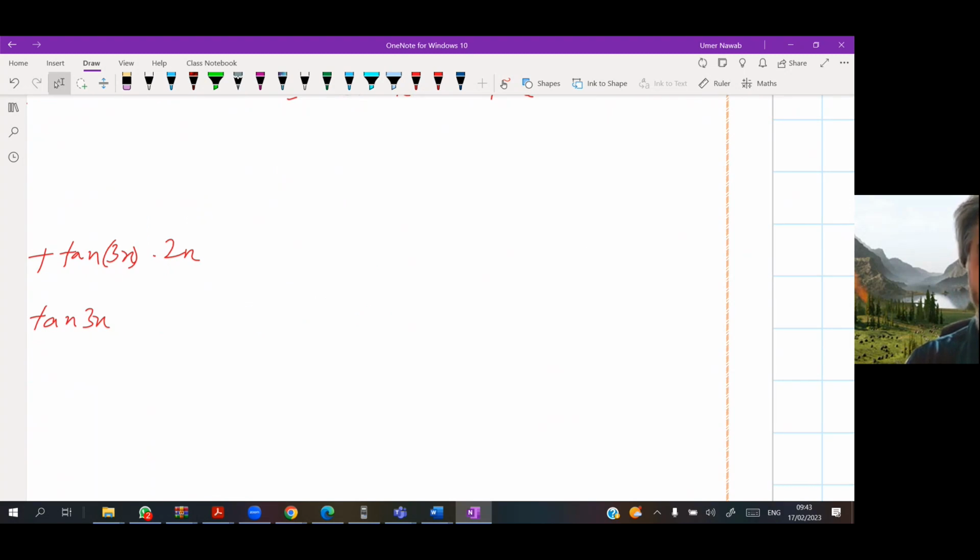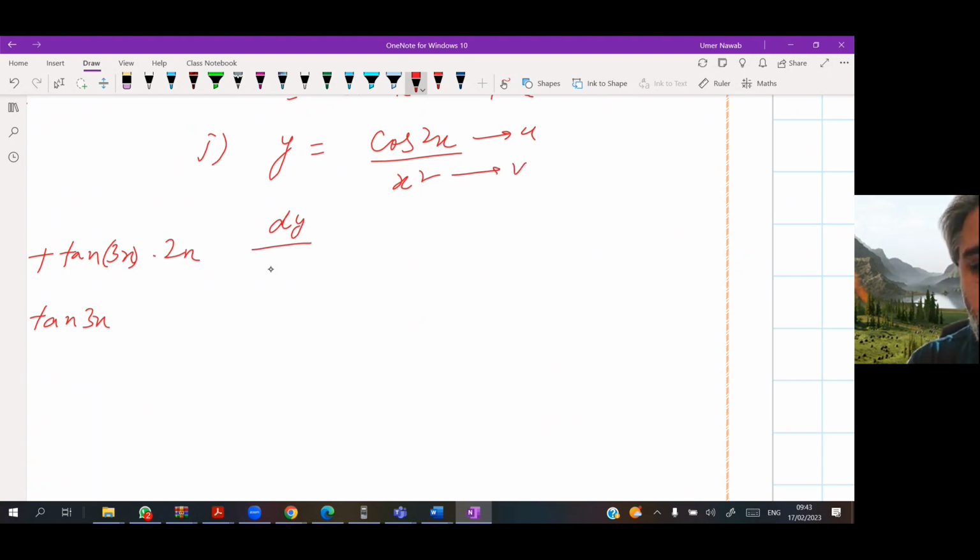Now we go to the j part. y is equals to cosine of 2x over x squared. Now we can use the quotient rule. This is u and this is v. So dy by dx, whatever I have in the denominator, put a square on it, then x squared. The derivative of cosine of 2x is minus sine 2x.